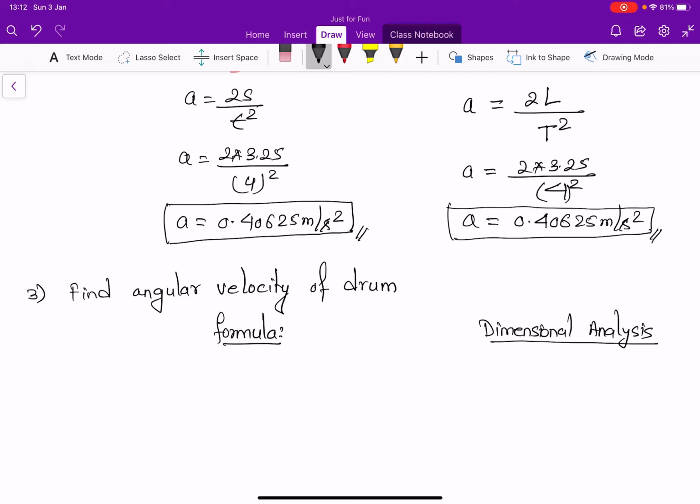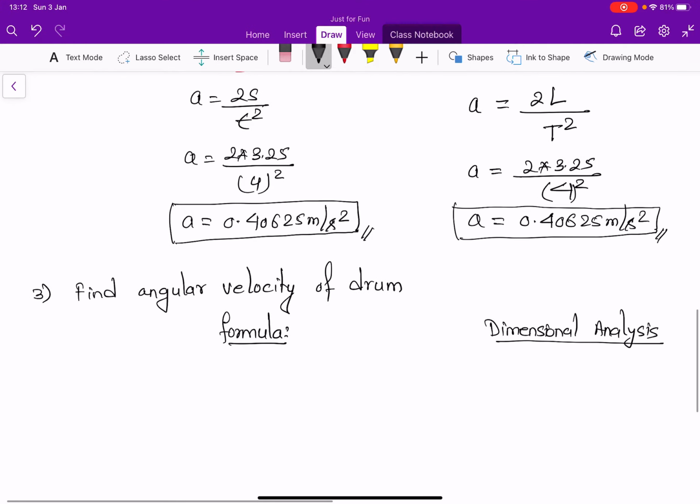So for the relationship of this, we need to have the information. Let's write it down: t is 4 seconds. We need to find omega. We need a linear velocity, which is 1.625 meters per second.